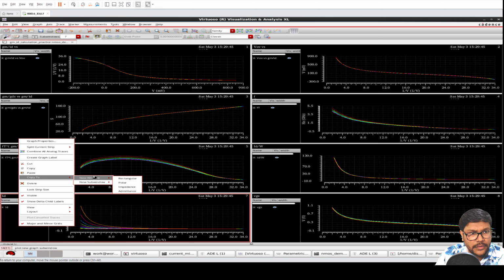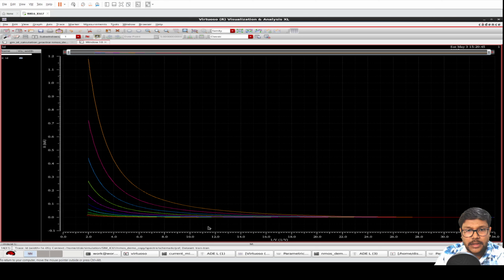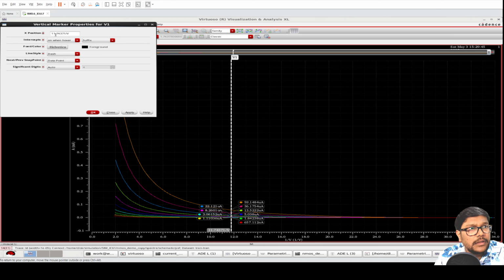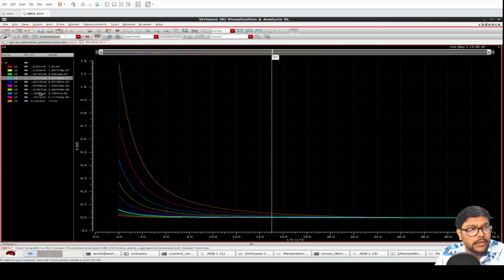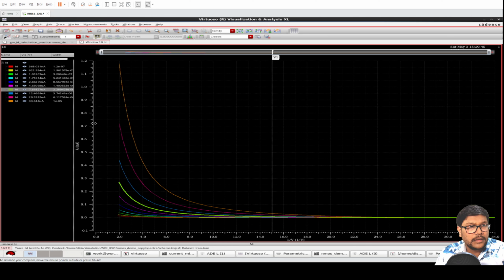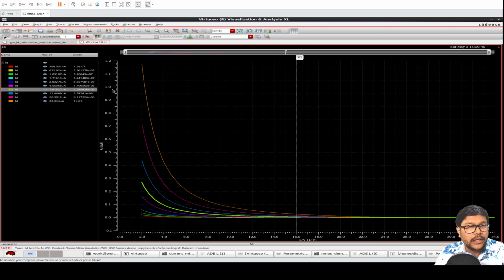Copy to new window, 5 micro current at 15. So for 5 microamps I need a W of around, let me see, this one would be good, around 2 micro, 2.28, around 1.4 to 2 micro.